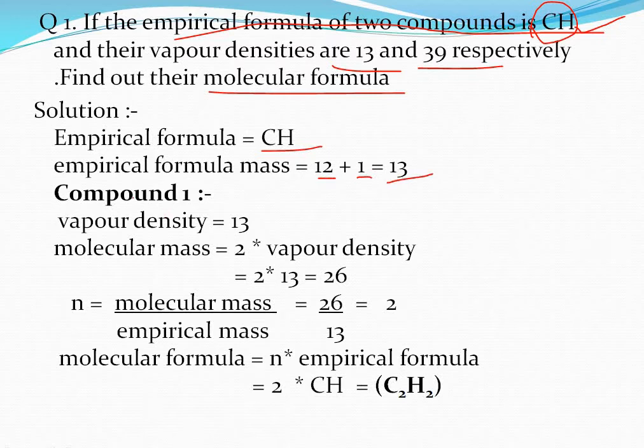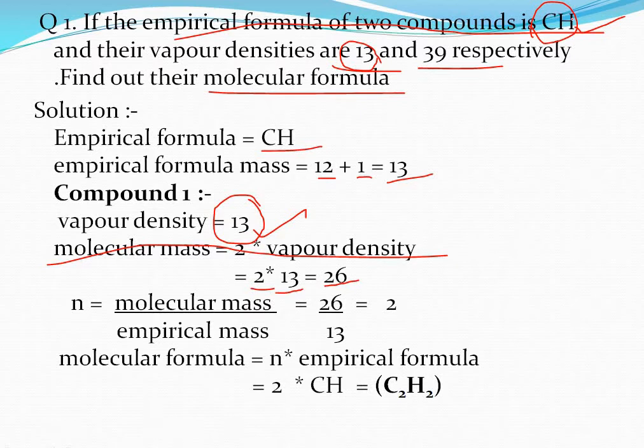For compound 1, the vapor density is 13, given in the question. There is no molecular mass given for the compounds, but we can calculate the molecular mass with the help of vapor density, because we know the formula that molecular mass equals 2 into vapor density. So 2 into the vapor density for compound 1, which is 13, and the value of molecular mass is 26.